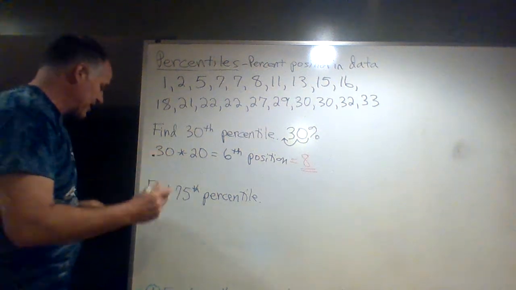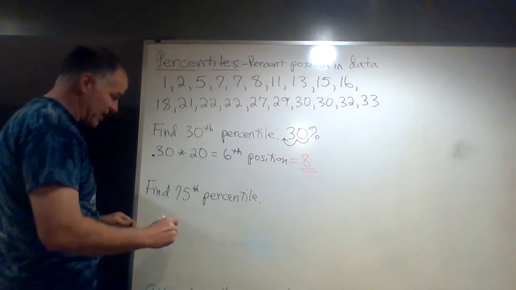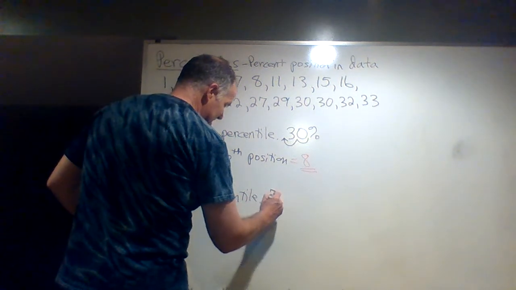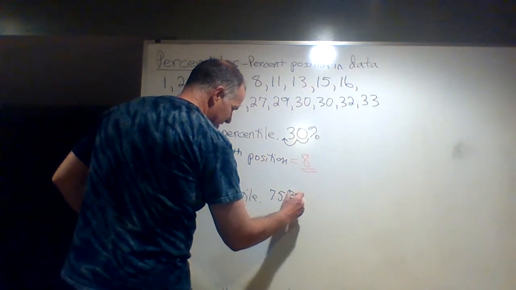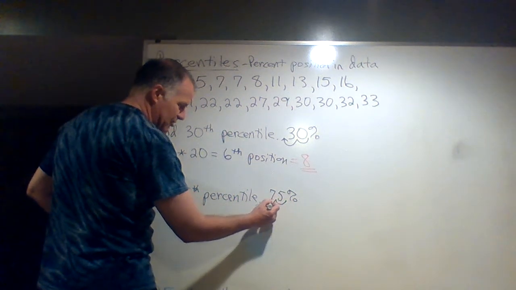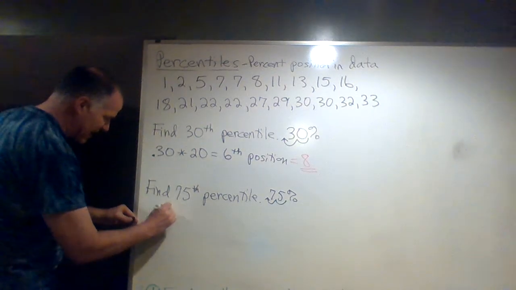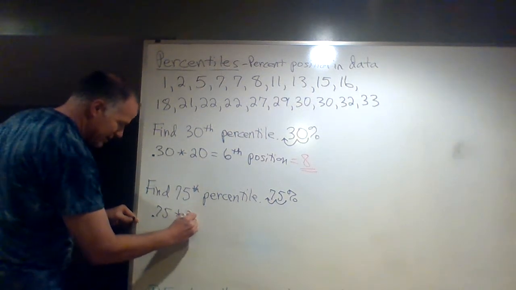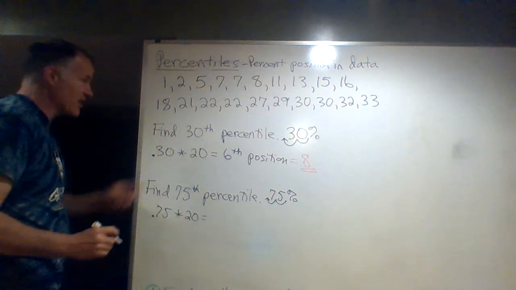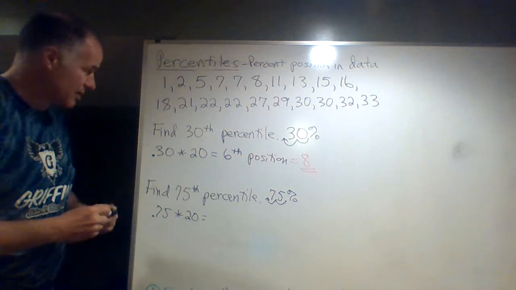Let's do another one together. The 75th percentile, so 75%. Again, move the decimal back 2 places. So 0.75 times 20. Again, 20 because we have 20 pieces of data, 20 numbers.